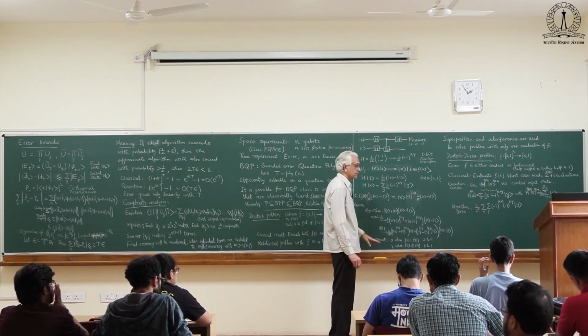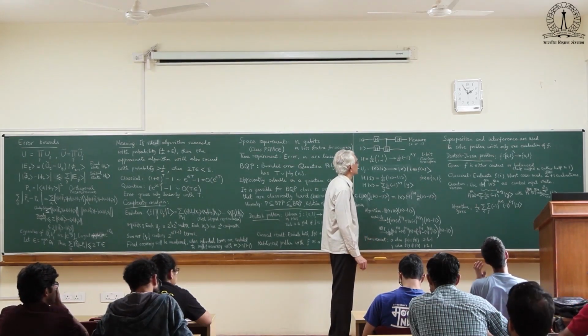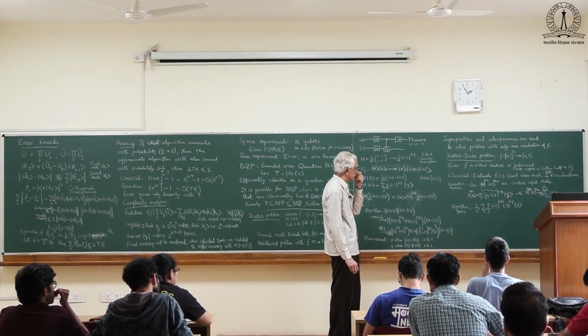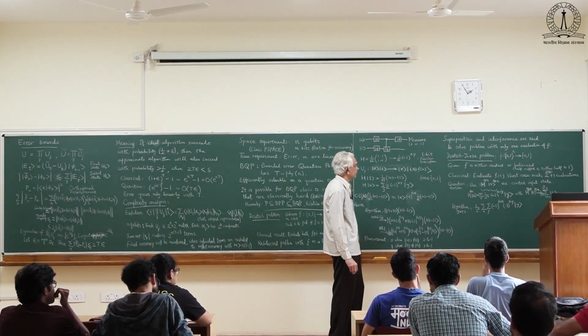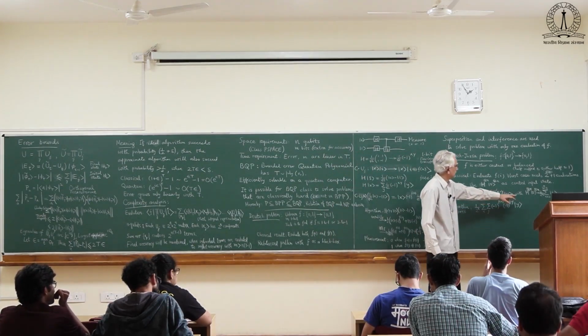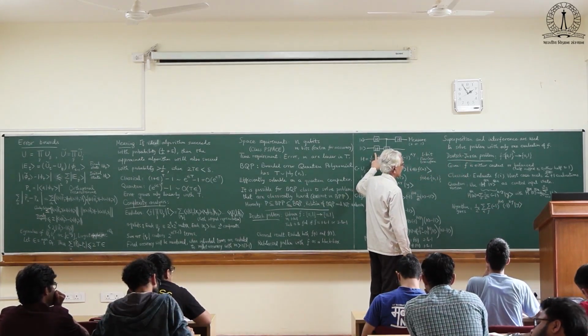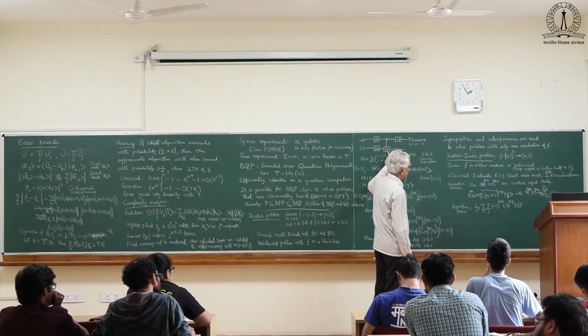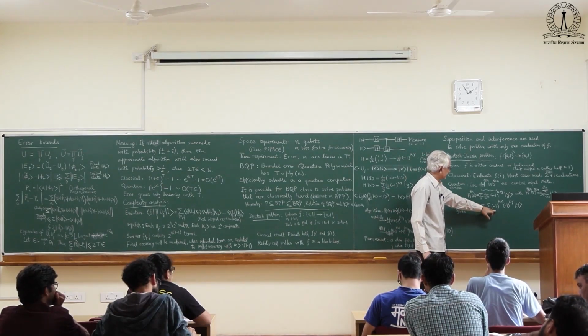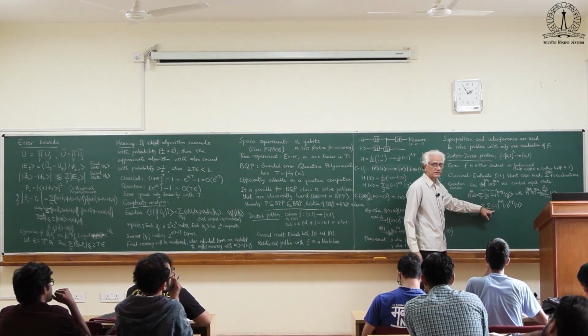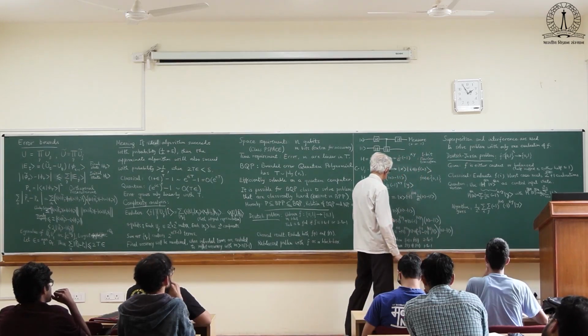I am not performing the measurement yet. So you started with this uniform superposition and the other one, 0 minus 1. Acted by UF, it produced this minus 1 raised to f of x because that was its job.